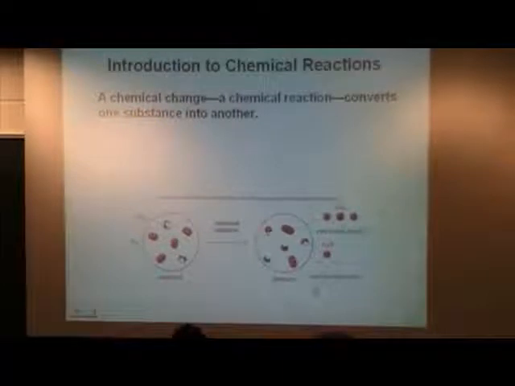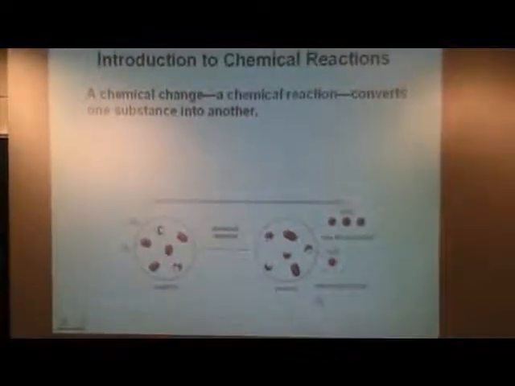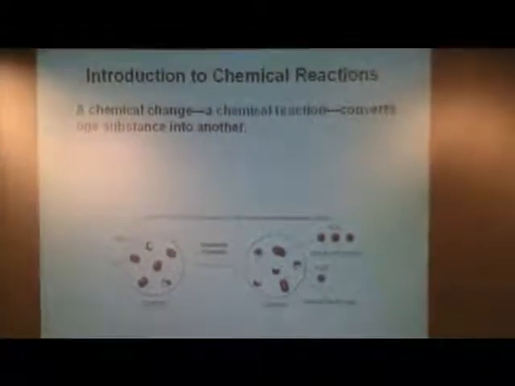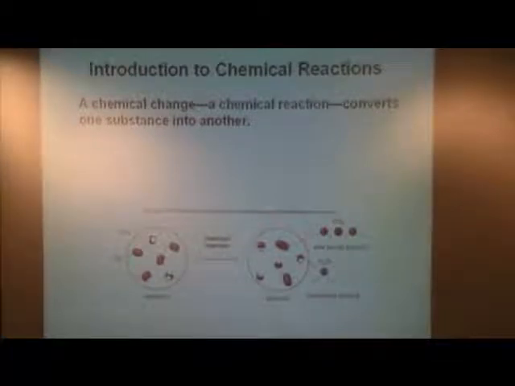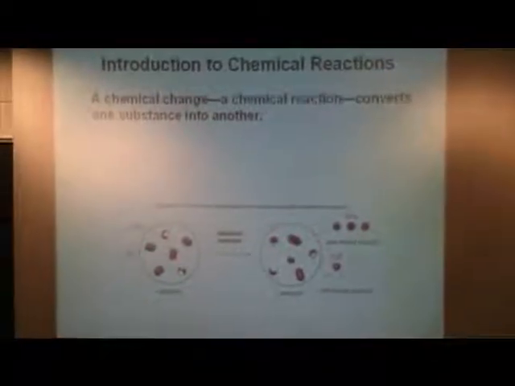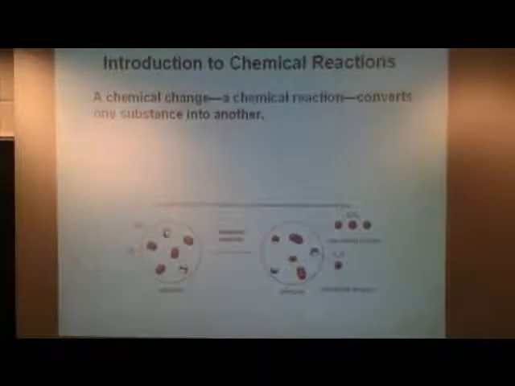We have reactants, the ones on the left side. These are like single elements maybe, or a combination of elements. A product is the one that undergoes the process and forms a new substance. That's a product. So if you have a chemical reaction, you always need to expect chemical change.